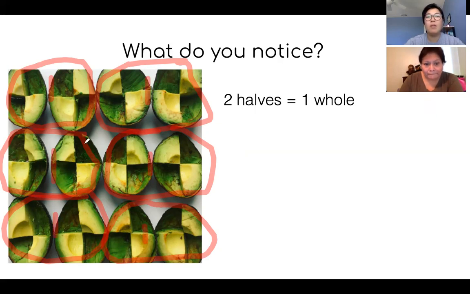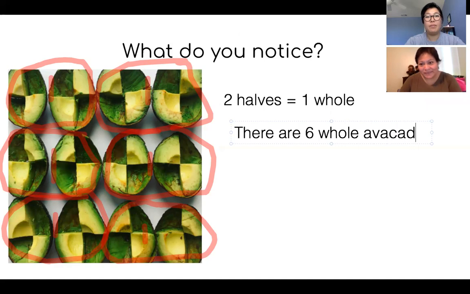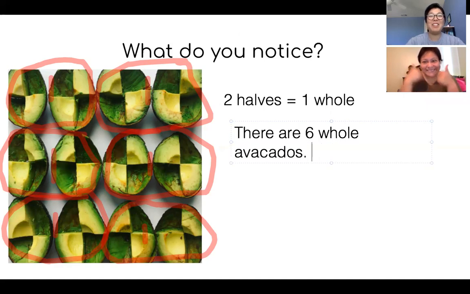So let's count them. 1, 2, 3, 4, 5, 6. So there are 6 whole avocados. And then we spelled it correctly.